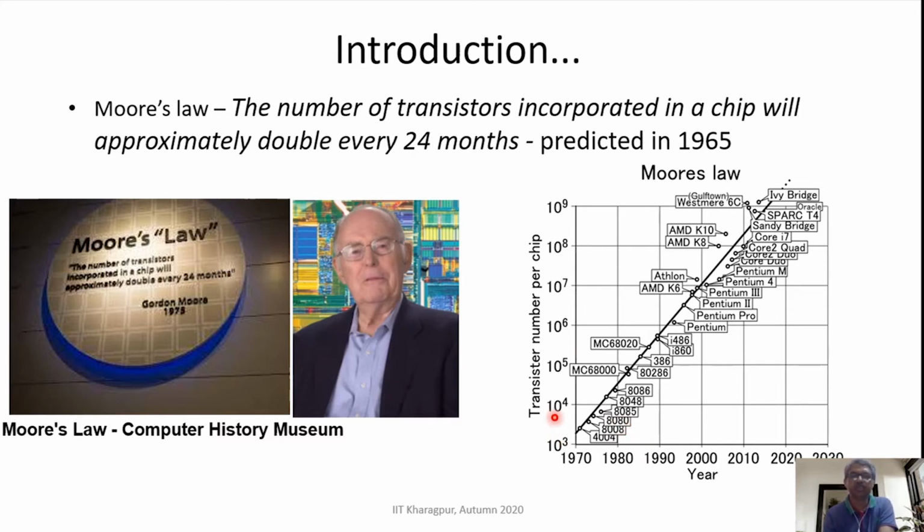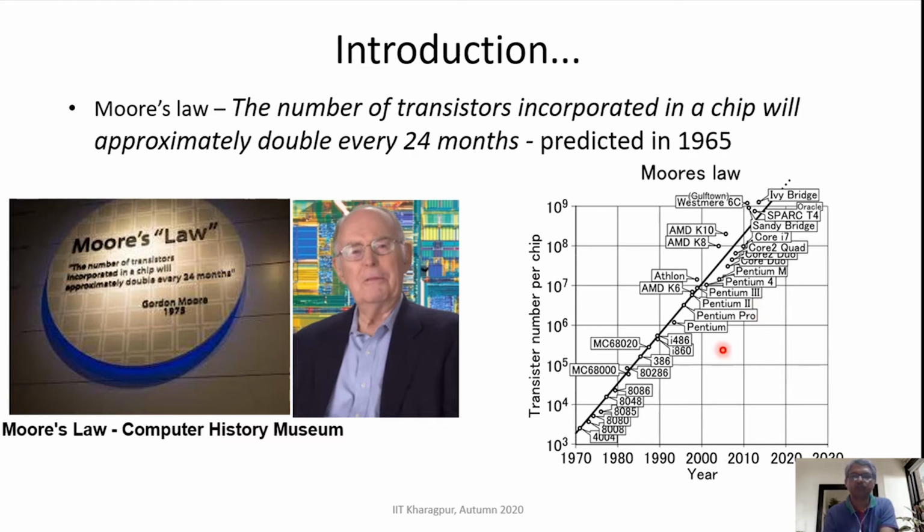On the right hand side you see transistor number per chip, and you see the transistor number increases from 10 to the power 3 to 10 to the power 4, then 10 to the power 7, 10 to the power 8 on the same area of silicon, and they have plotted these versus year. So you see all these processors which are packed with millions of transistors on a single silicon.